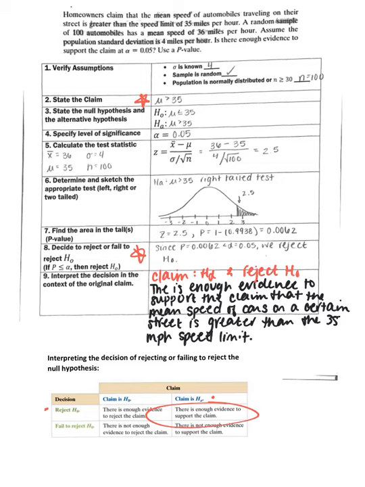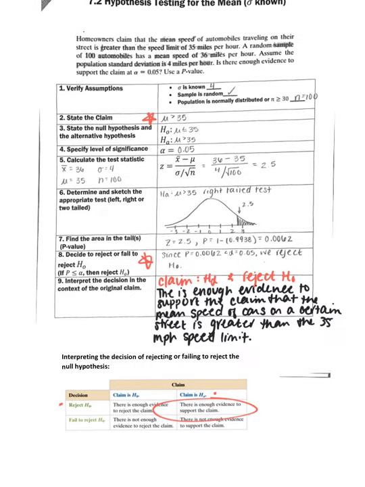Okay? And again, that's what they had claimed up here. Homeowners claim that the mean speed of automobiles traveling on their street is greater than the speed limit of 35 miles per hour. So again, we just use the chart, put a little twist on it to make sure it fits the problem, and that's how we interpret.